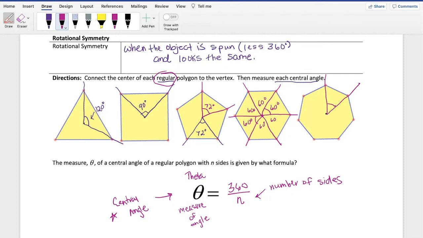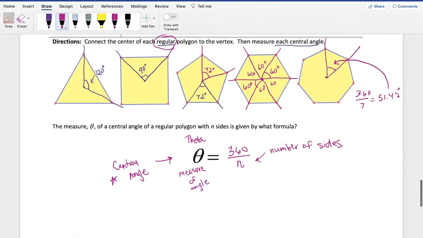But if we do the formula for it, we actually would have 360 divided by 7. And that's going to come out to 51.42. And so that would be the measure of our central angle for our heptagon.